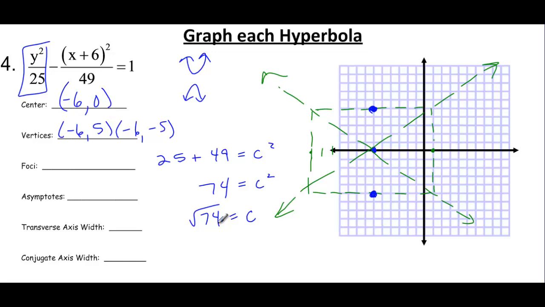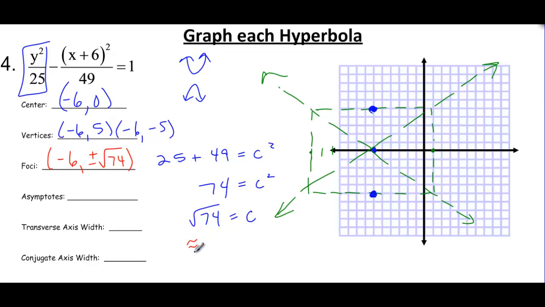Because it's an up-down hyperbola, I'm going to move up and down, which is going to affect the y value of my center. So if I start at negative 6 and go up root 74, or down root 74 from 0, that's where my 2 focal points would be.